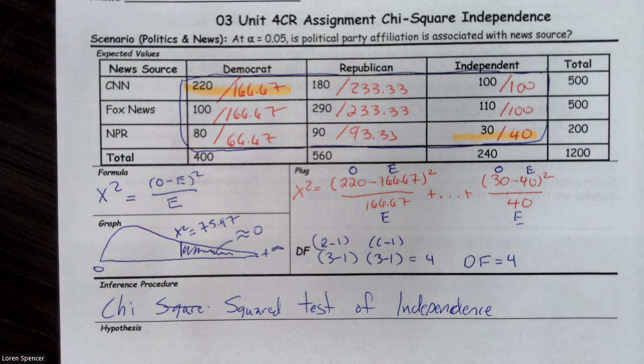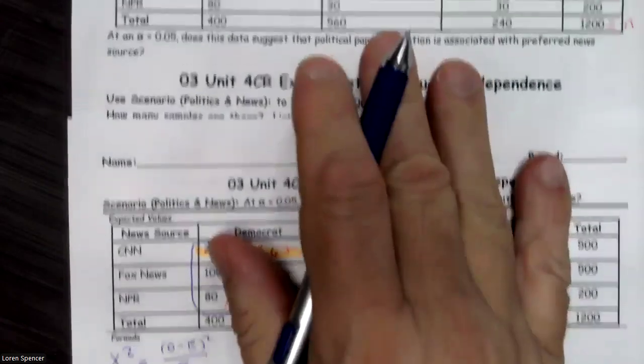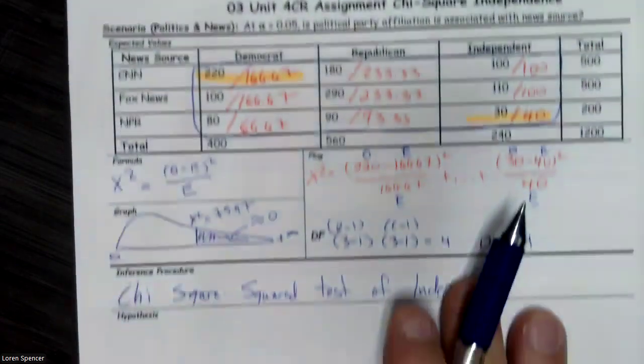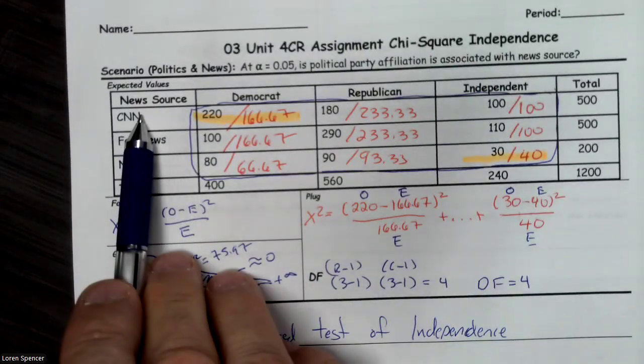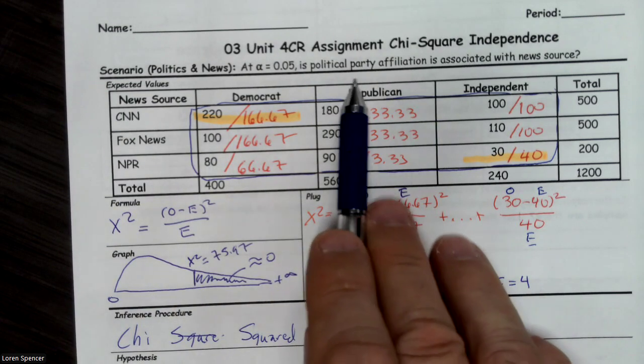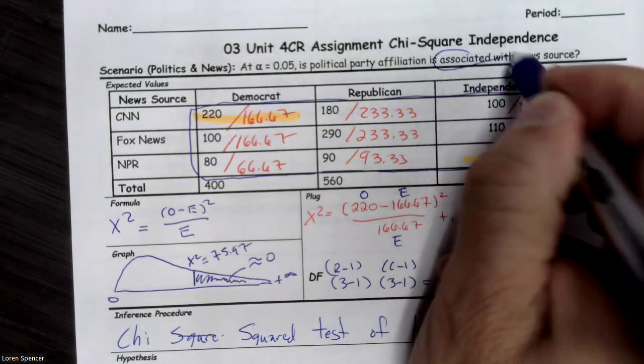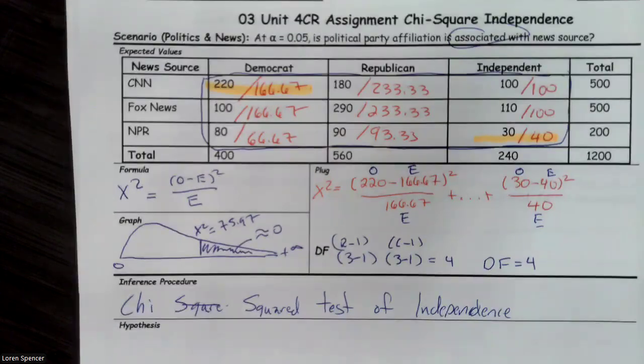All right, the null hypothesis. Well, what are my two variables in this case? Well, my variables are news source and party affiliation. Is political party affiliation associated with news source? And that keyword associated told me it's probably independence.